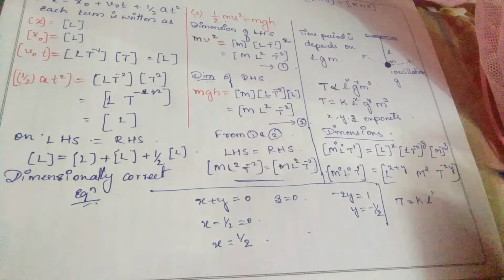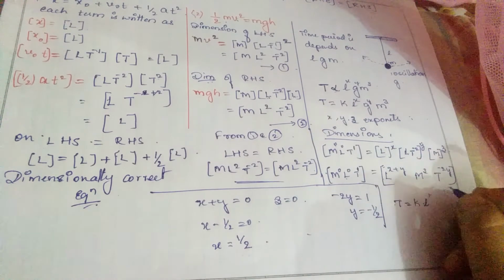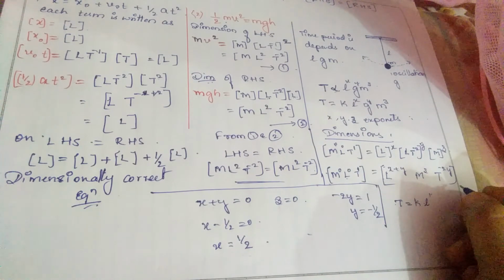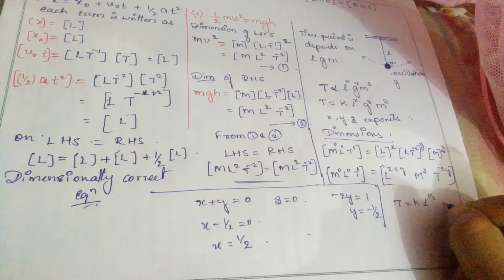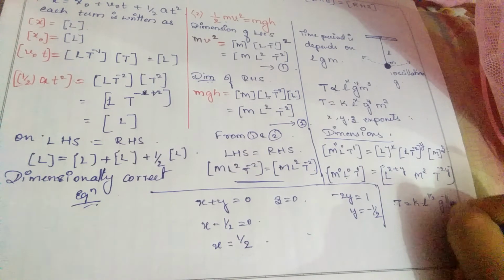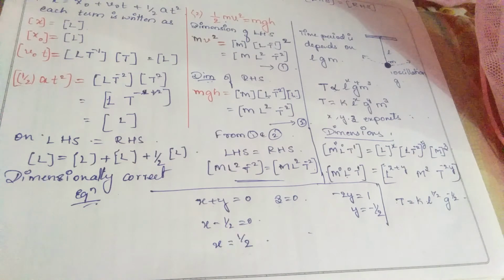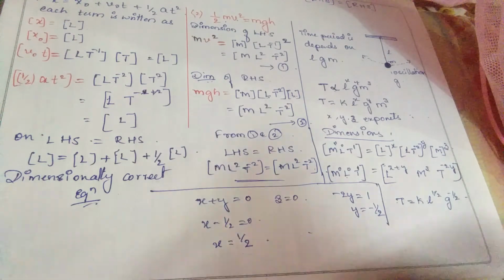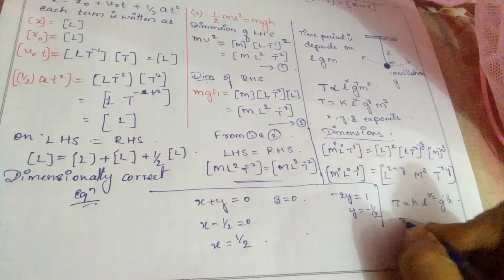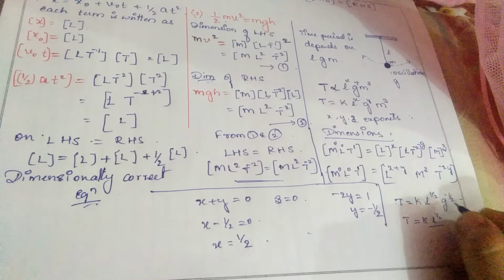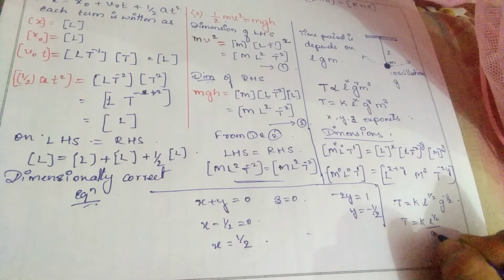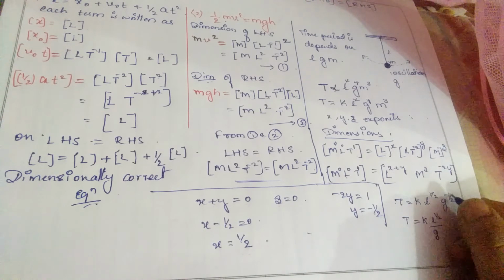So we have L to the power 1 by 2, and for g the power is minus 1 by 2 after all the simplification. So we write this as k L to the power 1 by 2, and g comes in the denominator because of the minus 1 by 2.